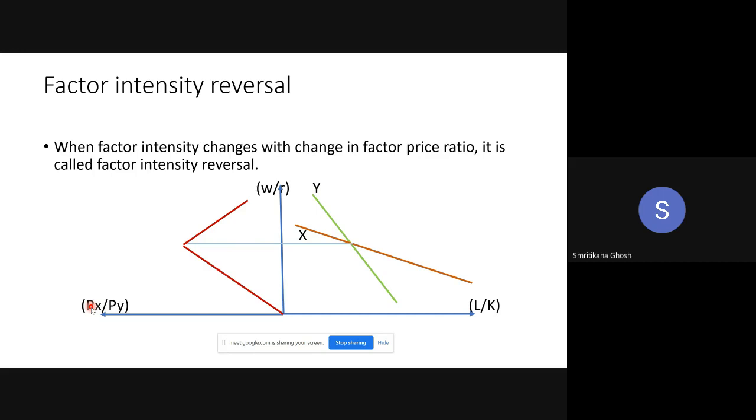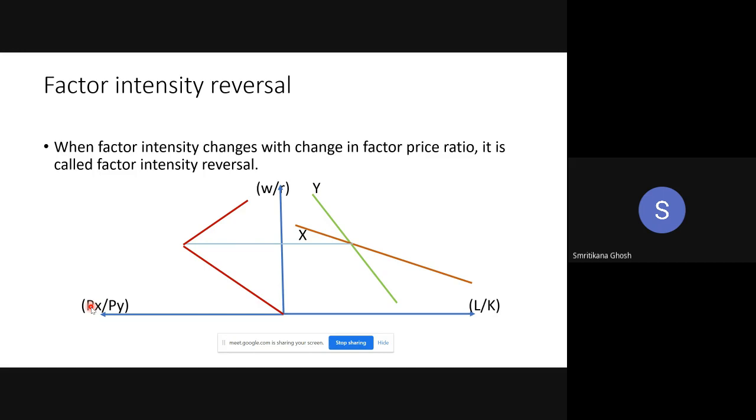That means demand for capital is rising more than labor, because X is capital intensive now. So when Px is rising, demand for capital is rising more than demand for labor. So R is rising.